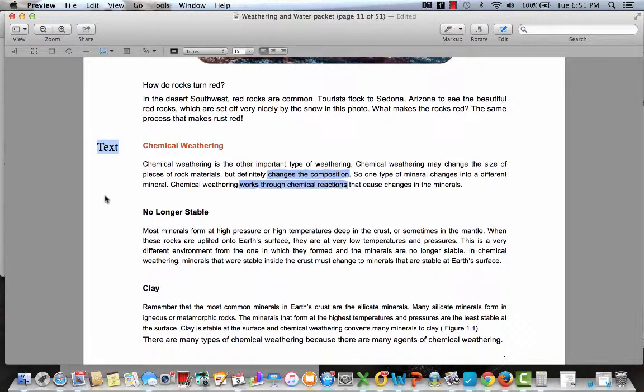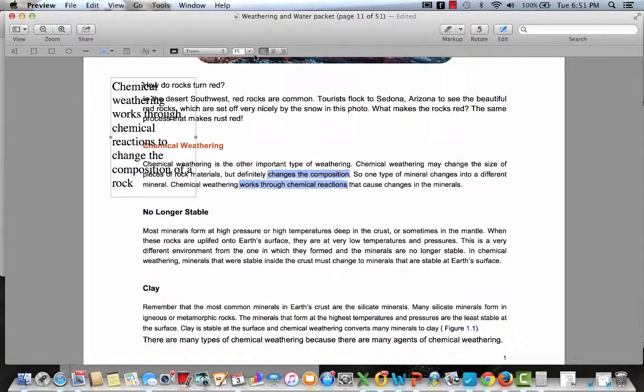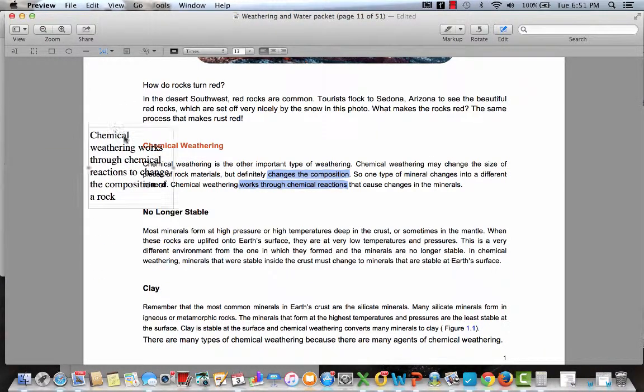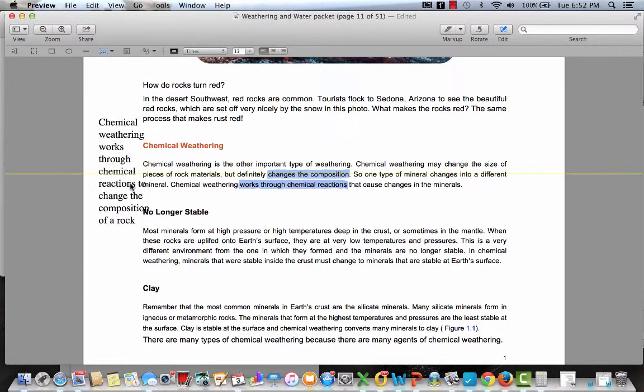So if we wanted to summarize this, we might say chemical weathering works through chemical reactions to change the composition of a rock.